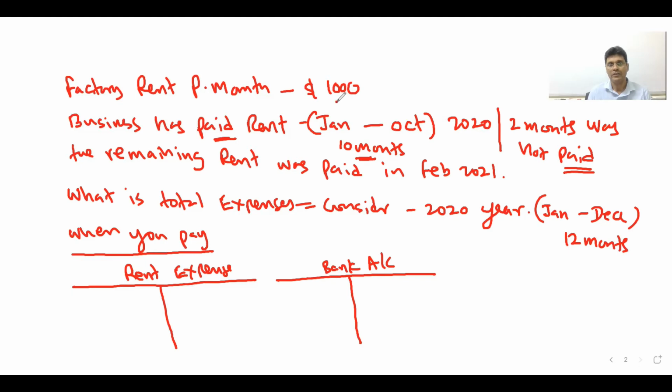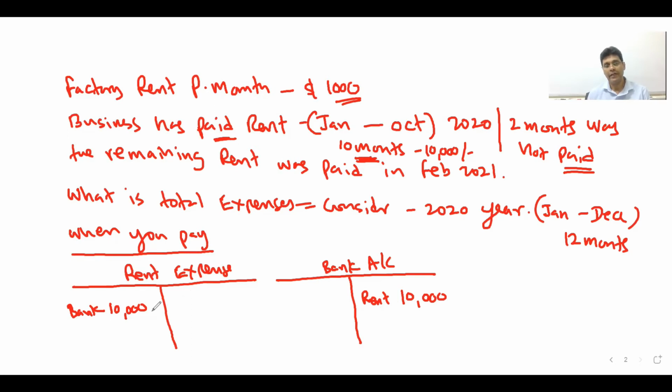So when you pay, rent account debit 10,000 and bank account credit 10,000. We write the rent account and here the bank account. The corresponding credit entry is in the bank account, so we mention bank, and the corresponding debit entry is in the rent account, so it is rent.